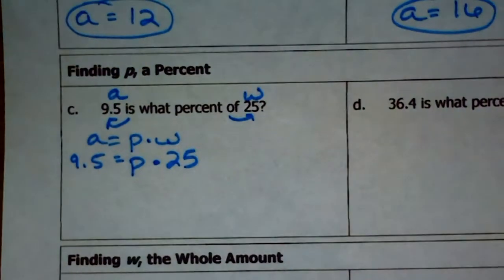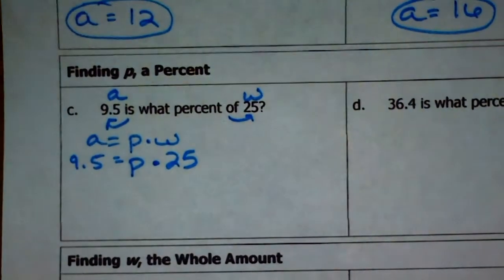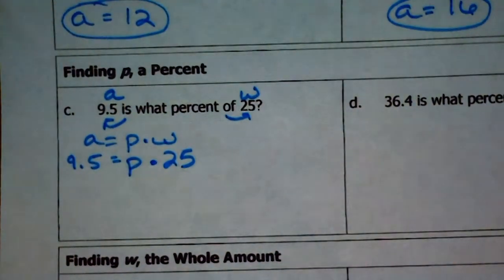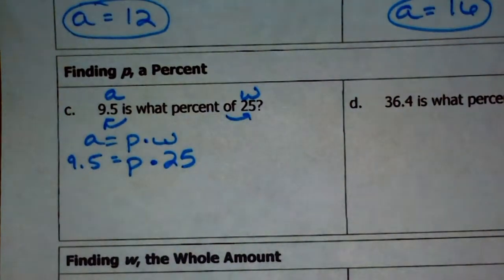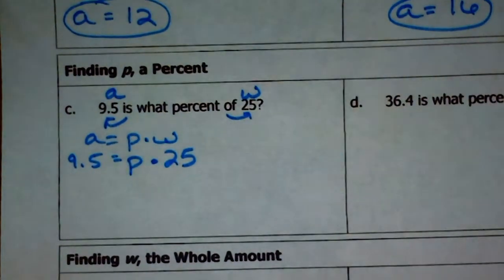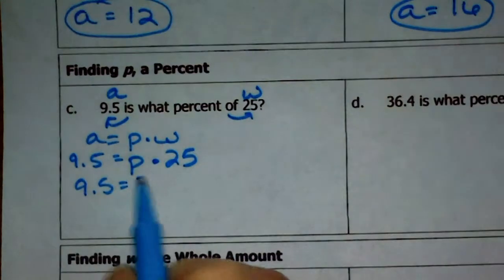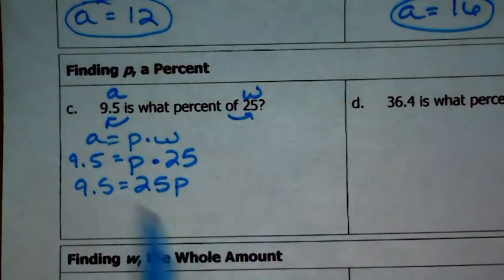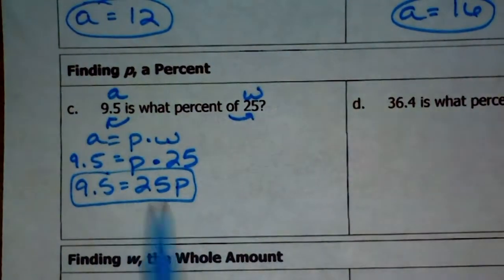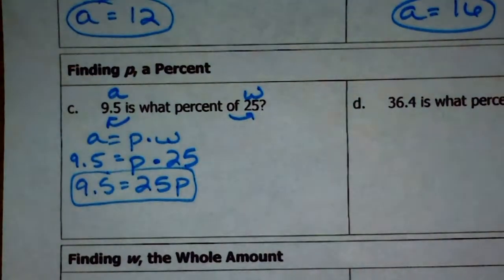This looks a little bit different than the other one, right? It's not just a matter of multiplying two numbers like we did before, because P is not isolated. So what you actually need to do is get that P by itself on one side of the equation. Any ideas how to do that? I'll give you a little hint. Another way to write P times 25 is 25P. Does that look like something you recognize? I sure hope so.